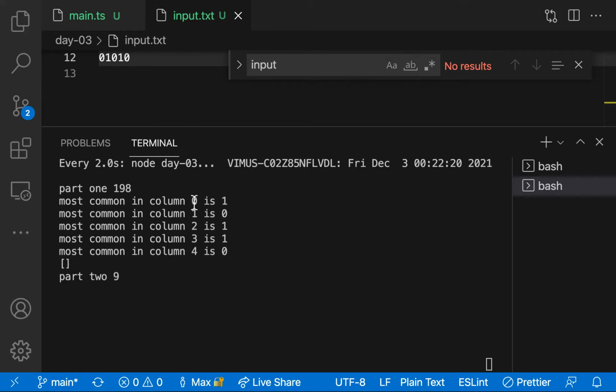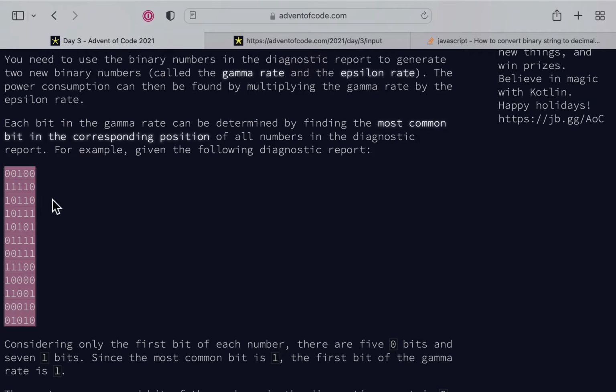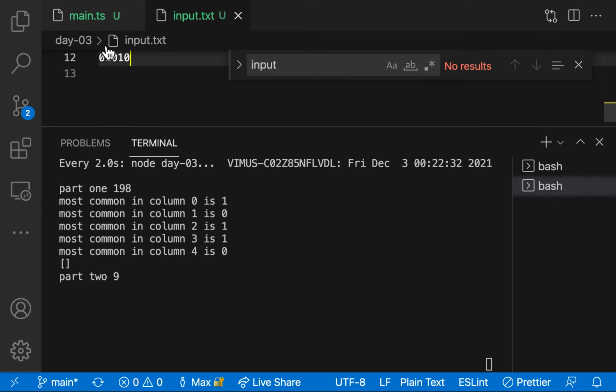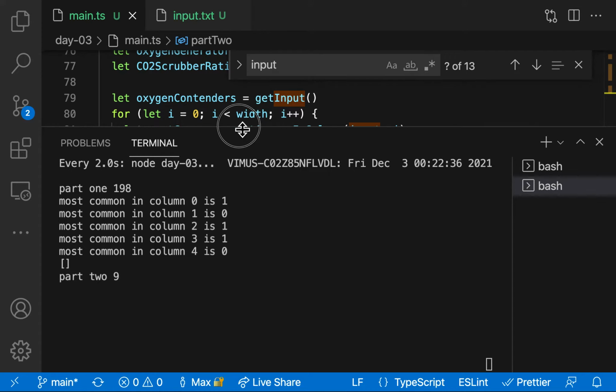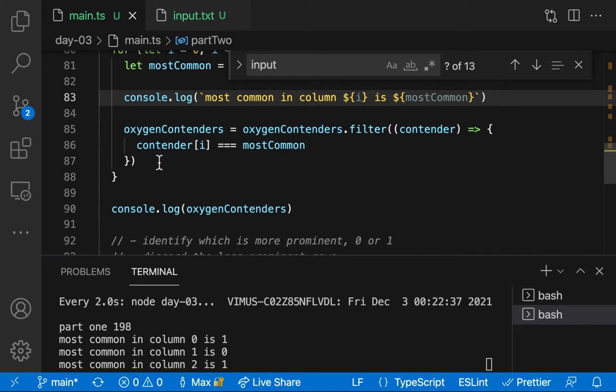So most common in column 0 is 1. So 10110. That's actually interesting. So 10110 is actually the right answer. So I see. We don't need to actually look at the contenders at all.